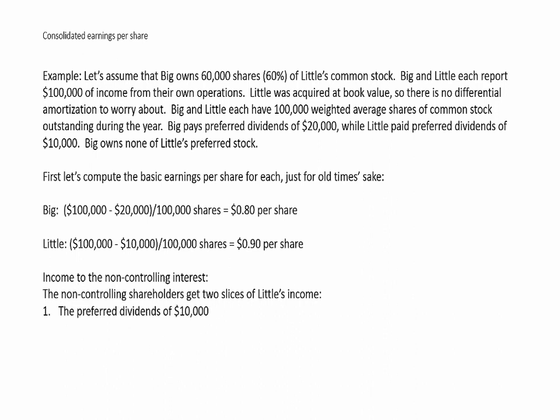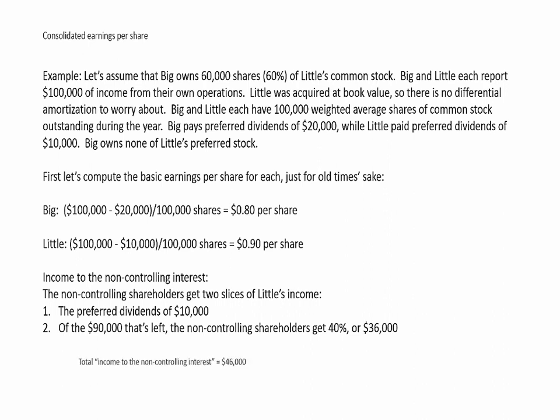First in line are the preferred shareholders, and they get their dividends of $10,000. So of the $100,000, $10,000 goes to the preferred shareholders, which means there's $90,000 left. The non-controlling common shareholders are going to get 40% of that, or $36,000. So the total income to the non-controlling interest is $46,000. Again, $10,000 of preferred dividends plus $36,000 of income attributable to the common shareholders.